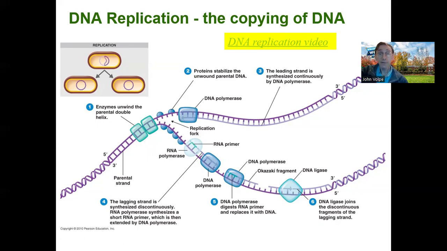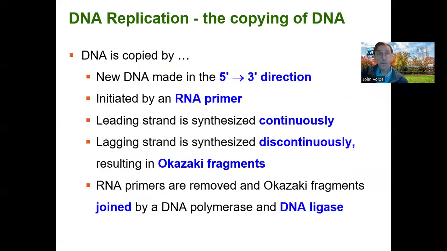All right, any questions about DNA replication? So DNA is only made in the direction 5 to 3 prime. It's initiated with an RNA primer. One strand is synthesized continuously because it's in the direction 5 to 3 prime.